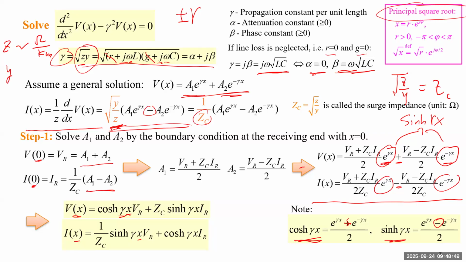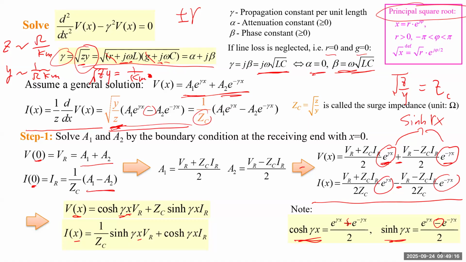And y is the admittance, a reciprocal of ohm, just 1 over ohm, and per kilometer. So z multiplied by y will be 1 over kilometer squared. Then the square root will be just 1 over kilometer.